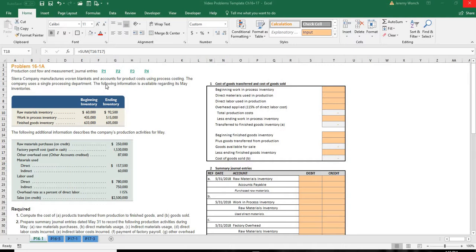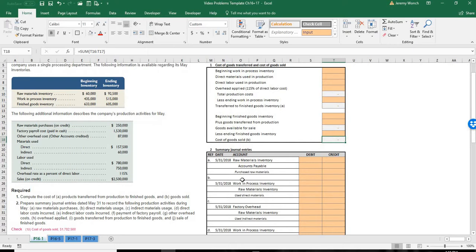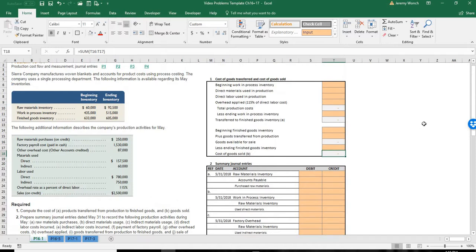The company uses only a single department, and then it starts giving us some information: our beginning and ending inventory balances, and some transactions that happen during the month. The first thing it asks us to do is compute the products transferred from production to finished goods, and also the goods sold.